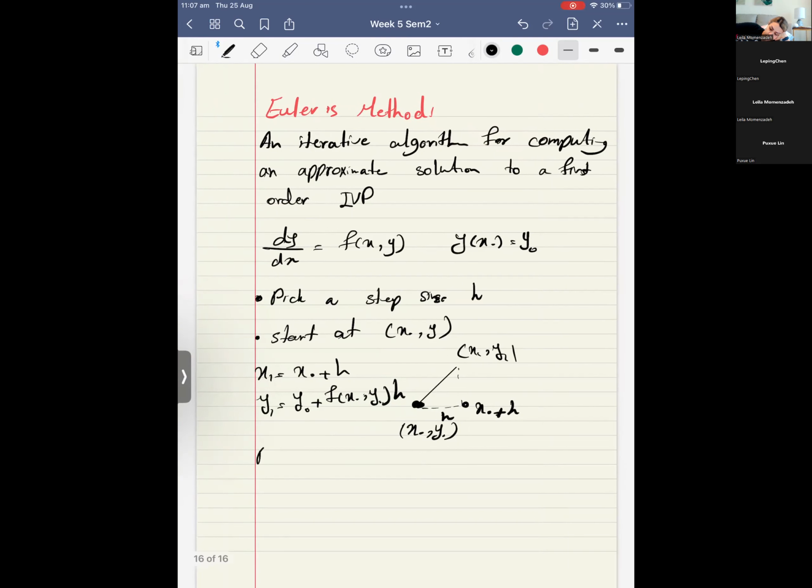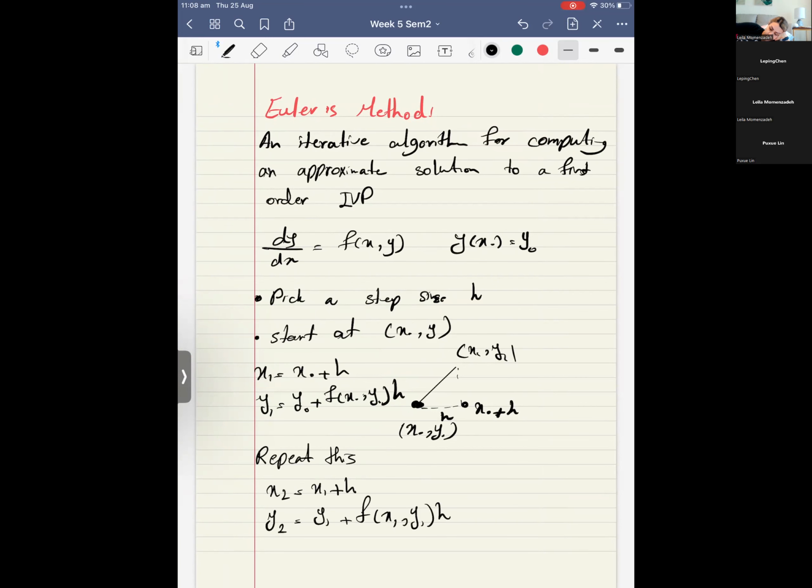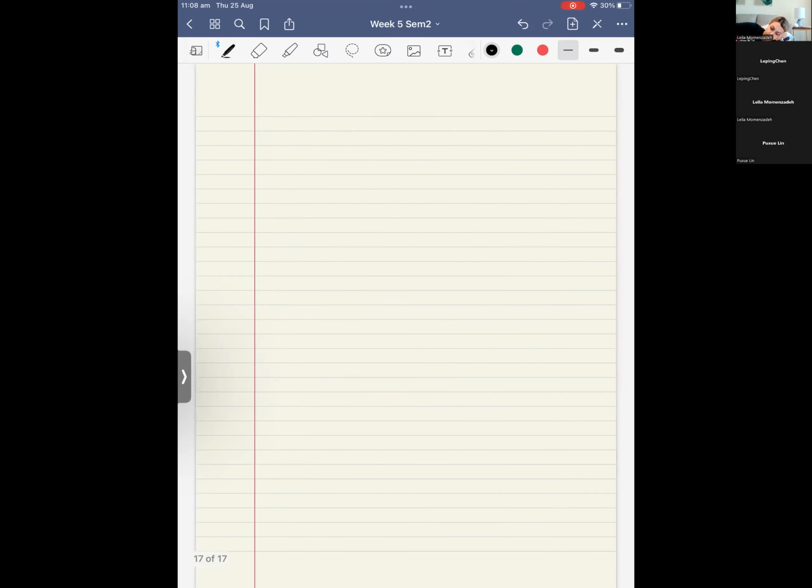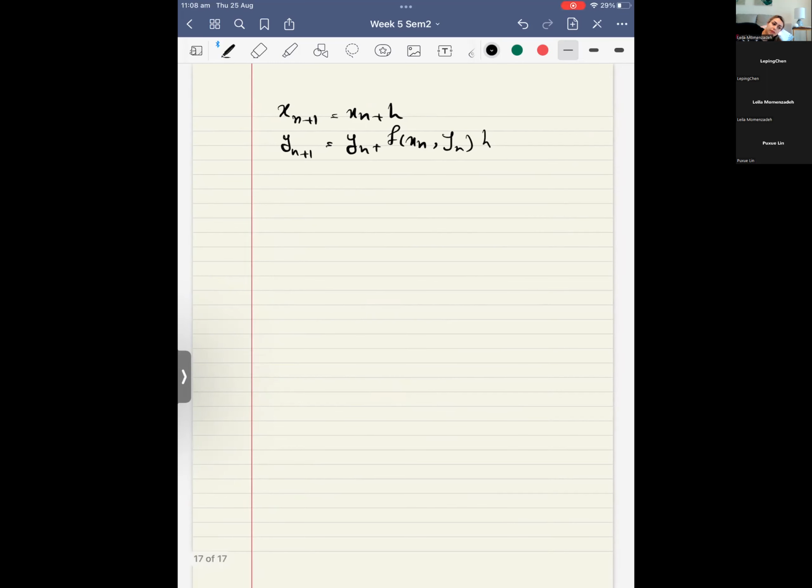It means x2 is equal to x1 plus h, and y2 is equal to y1 plus f of x1, y1 times h, and you can keep going to the end point. x n plus 1 is equal to x n plus h, and y n plus 1 is equal to y n plus f of x n, y n times h. This is Euler's method.